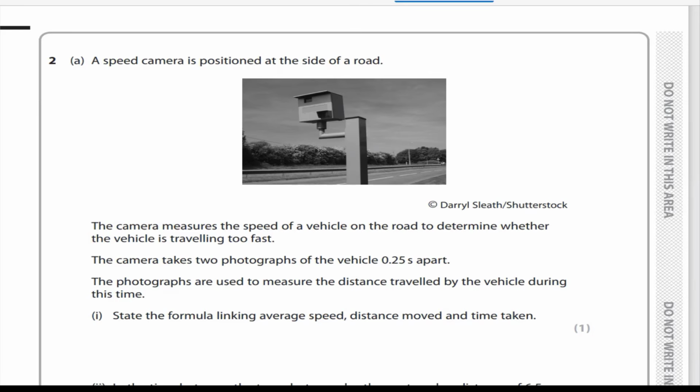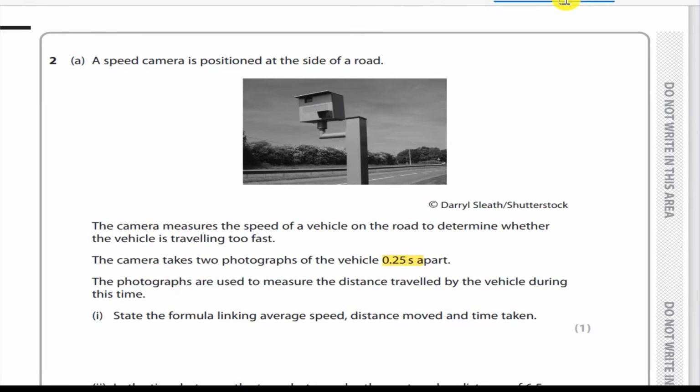The camera takes two photographs of the vehicle 0.25 second apart. The photographs are used to measure the distance traveled by the vehicle during this time. State the formula linking average speed, distance moved, and time taken.